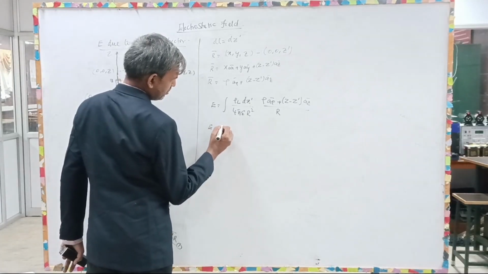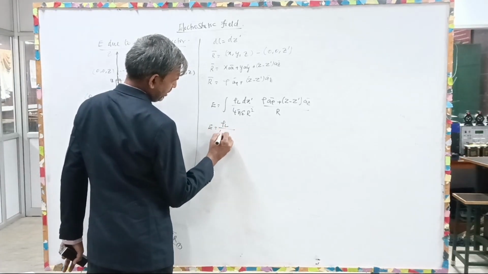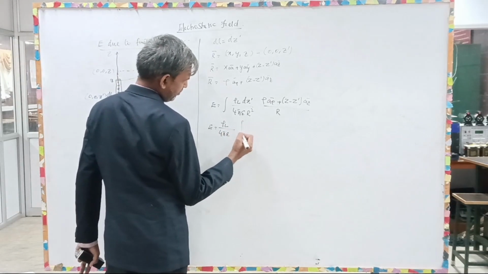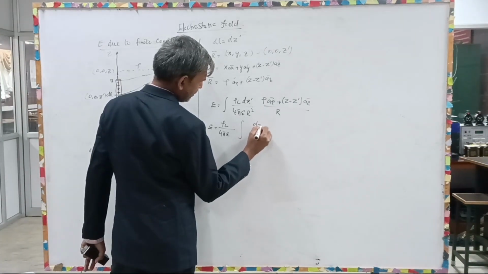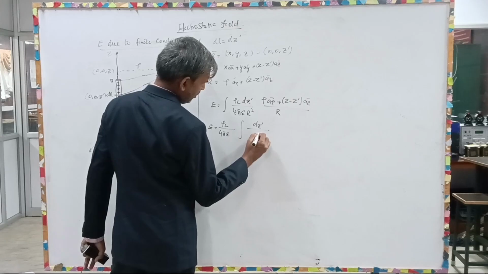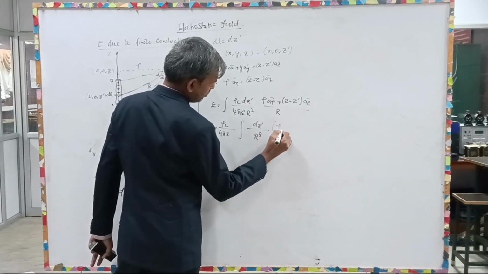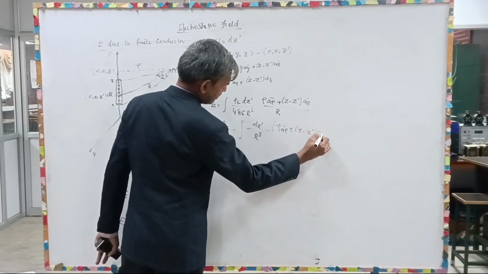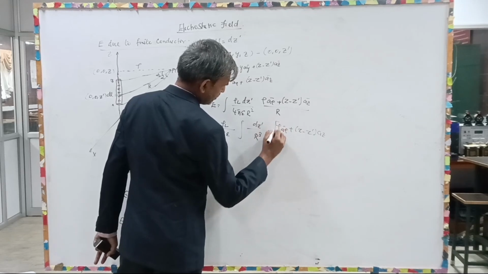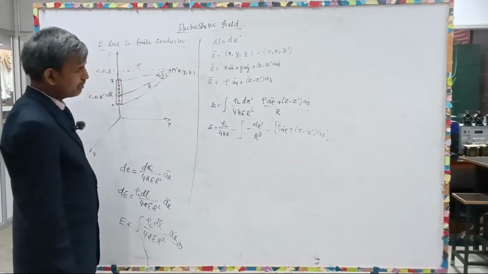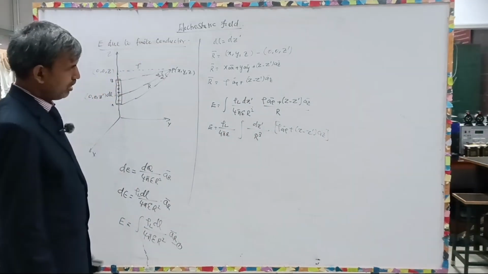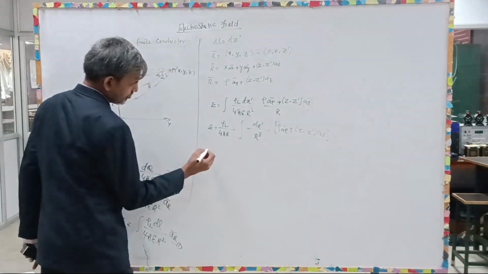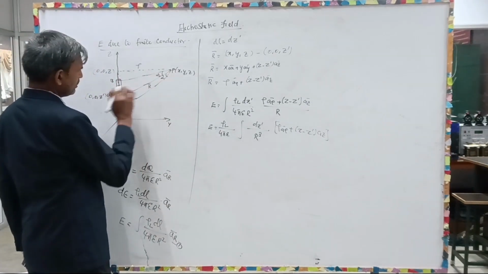So E is equal to rho L divided by 4 pi epsilon, which is constant and can be taken outside, times the line integral of dz dash divided by r cube into rho a rho plus z minus z dash into az. Now we are finding the dz value, r and rho value. So I am considering this triangle.